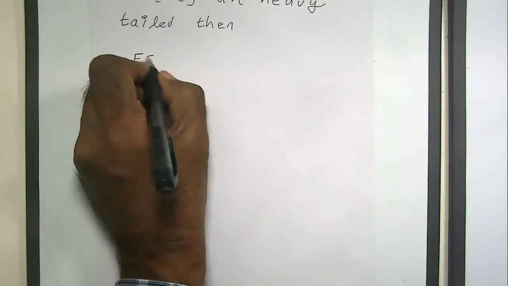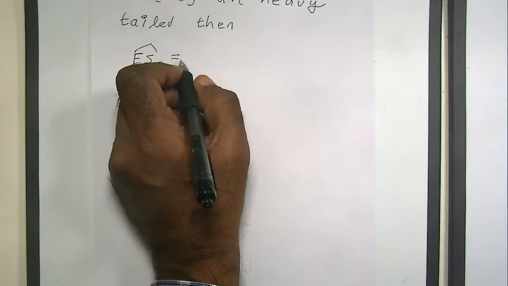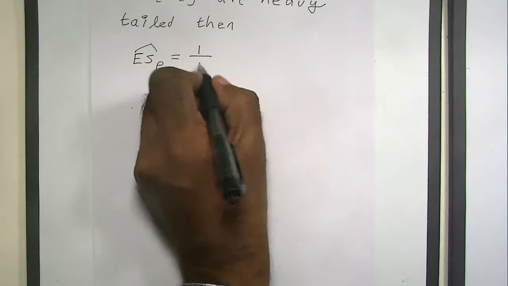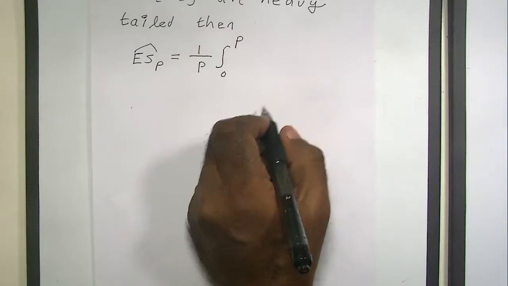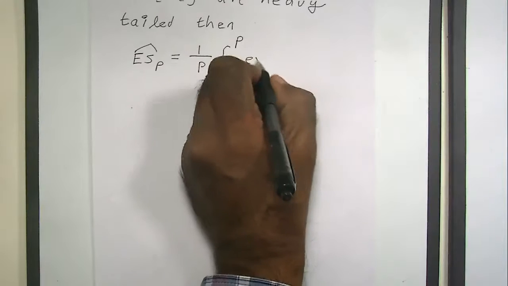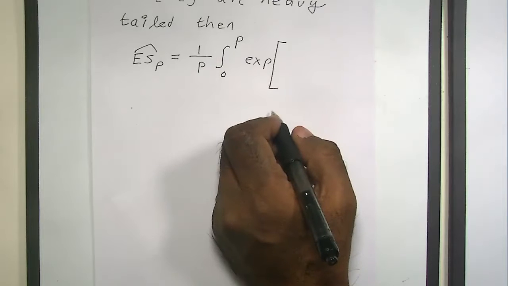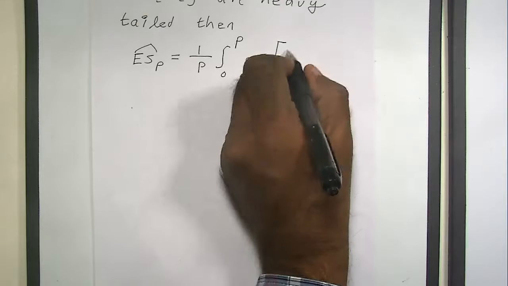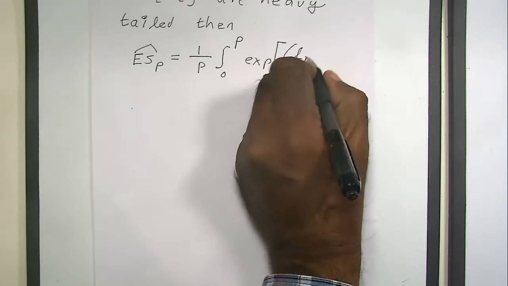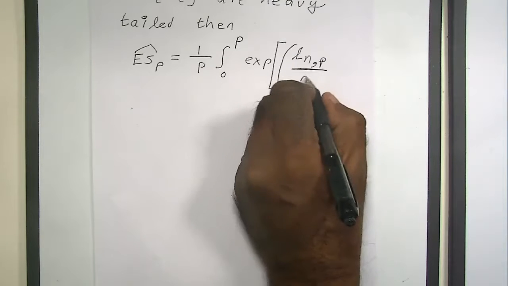The estimator for expected shortfall is given by the following formula. It's equal to 1 over P times the integral from 0 to P of the exponential of the bracket L, n comma P divided by n times Q.